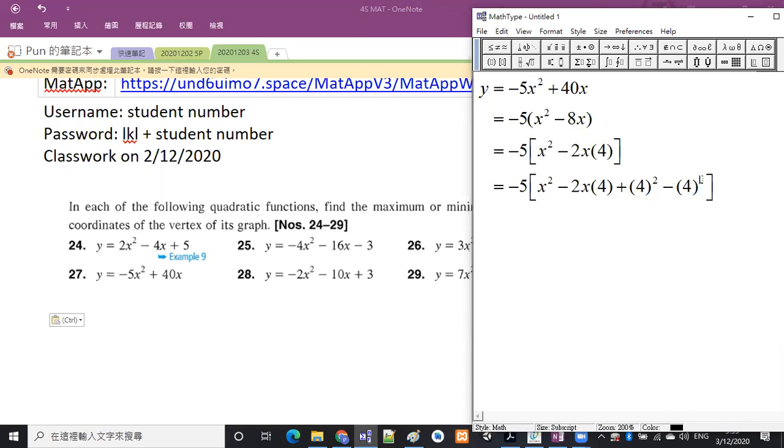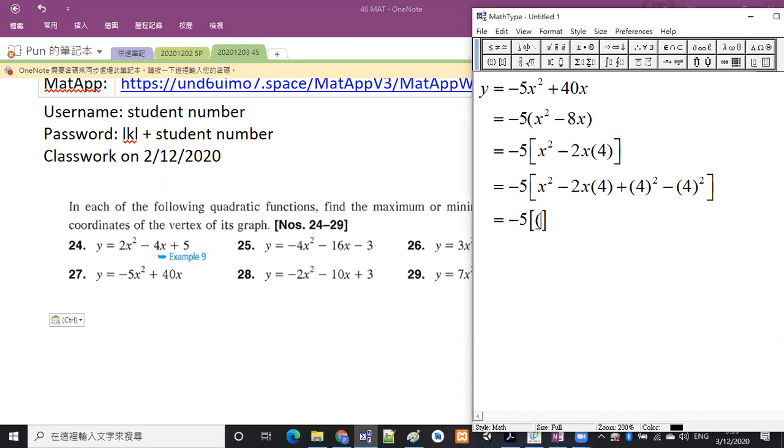But we need to subtract the term immediately, okay, to avoid changing the function. I just want to change the format. I'm not able to change the value of the function. And then the first three terms will form a perfect square.